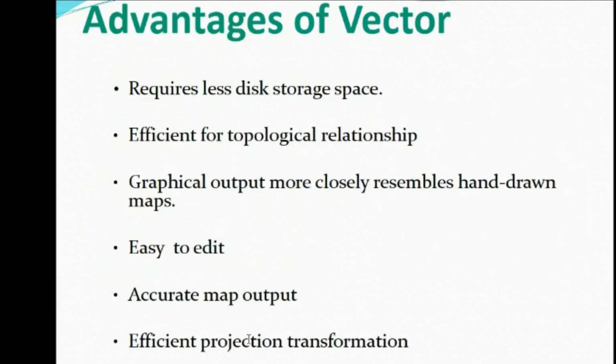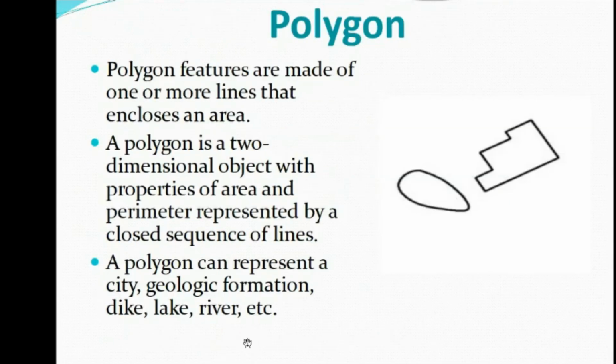Now we will be concluding today's session with the advantages and disadvantages of raster and vector data. So students, in the exam you will get a question like explain the different data models of GIS. That is, the representation of features can be done through two formats, that is vector and raster.